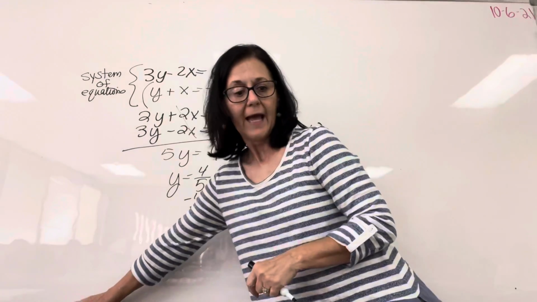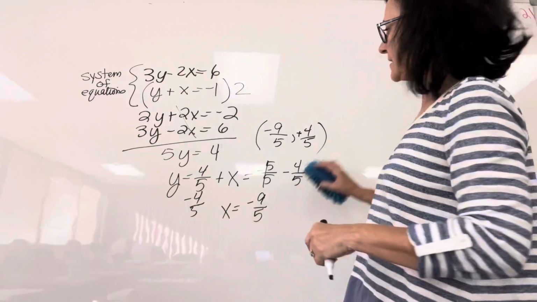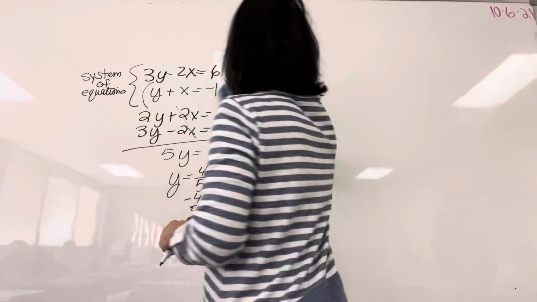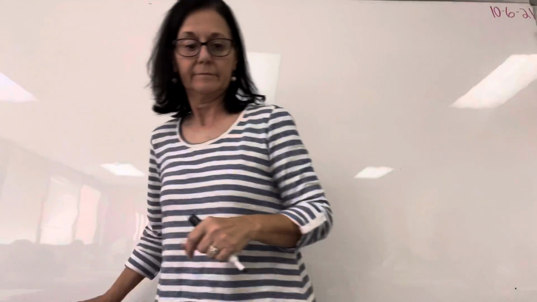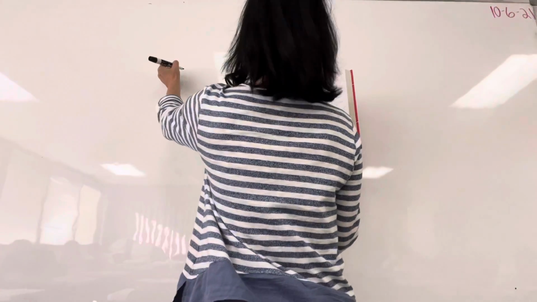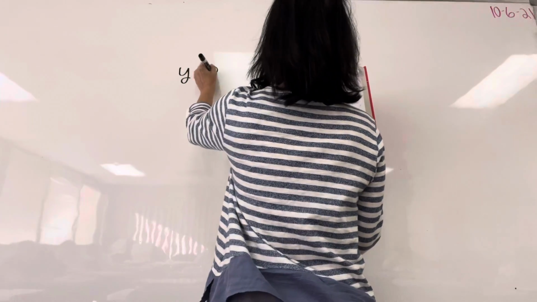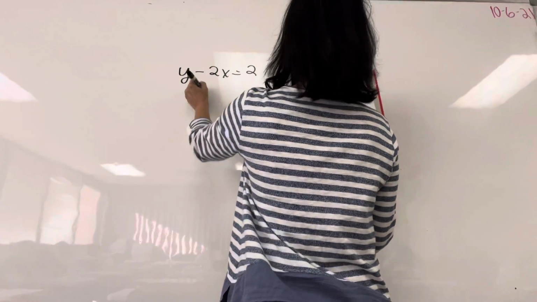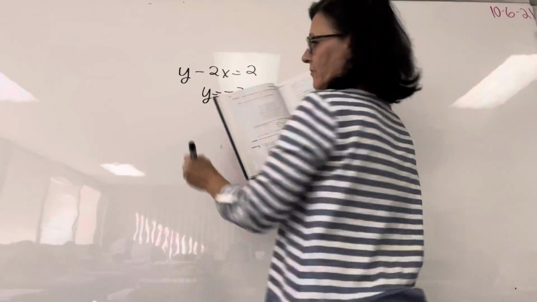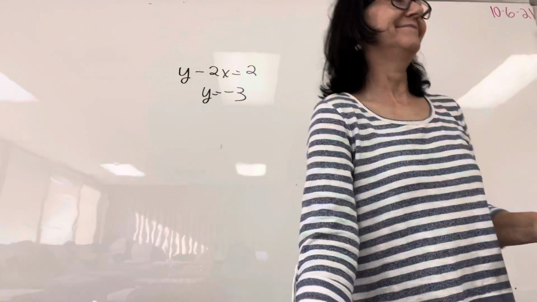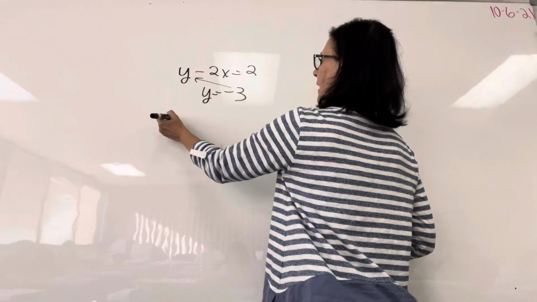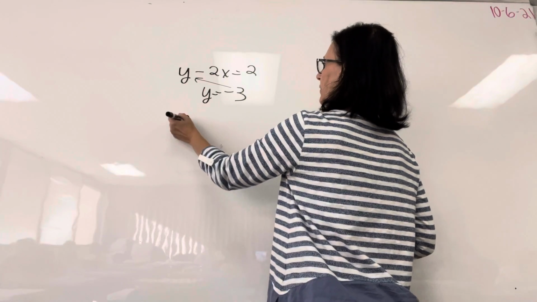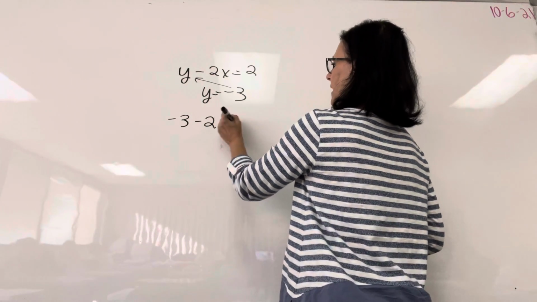All right, look at example 23.2. Our first equation is y minus 2x equals 2, y equals negative 3. Substitution or elimination? Now is when you'd obviously use substitution. So for y, I will substitute negative 3 minus 2x equals 2.